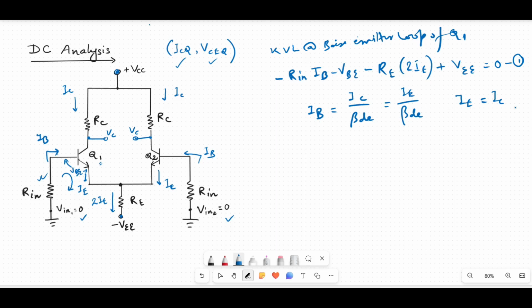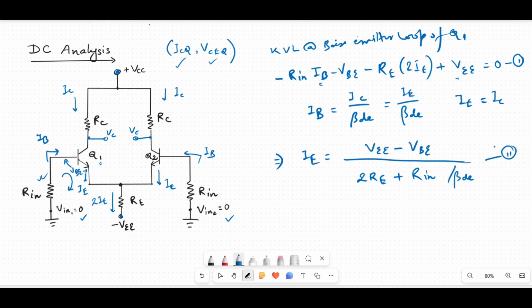Now if we put this value in equation 1, then if I take IE common, it will be two voltages, so VEE minus VBE divided by twice RE plus this term, which will be Rin divided by beta DC, right? So this is, suppose, equation 2. So the value of IE is this.